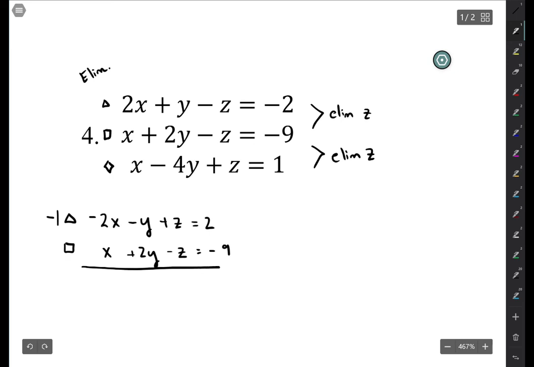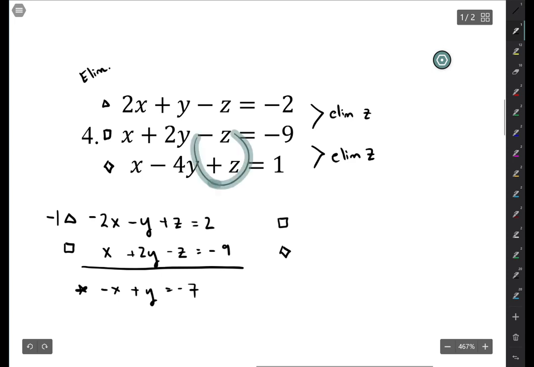And notice the z's should cancel, so I'm left with -x plus y equals -7. There's a new equation. I'll make it star. And I need to eliminate z from square and triangle. Now, fortunately, I don't even need to change anything. The z's are already opposite.